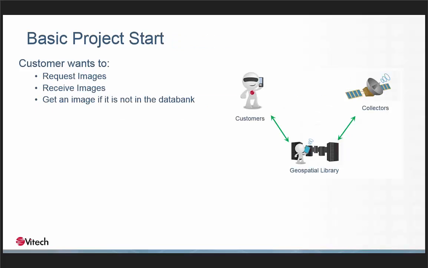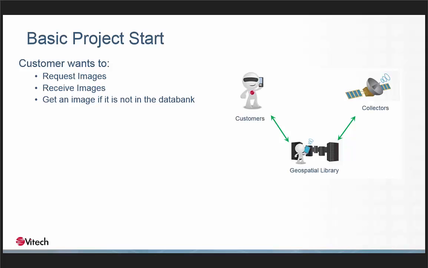So we're going to assume now, for the first part of this seminar, that we have a very basic project. We talk to a customer. The customer wants to be able to request images from some central library.